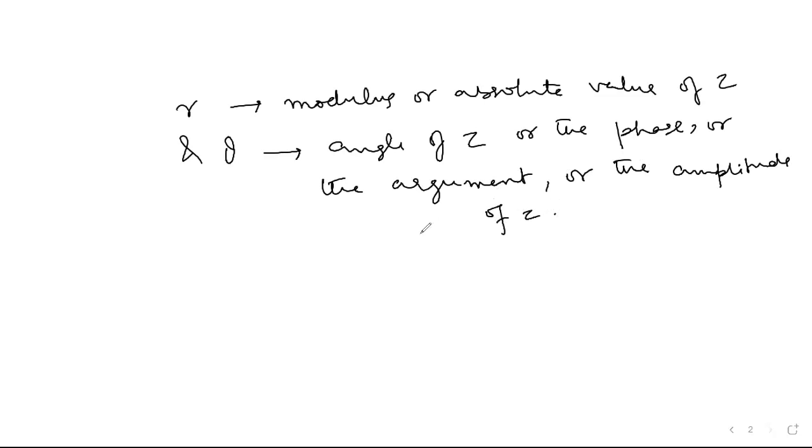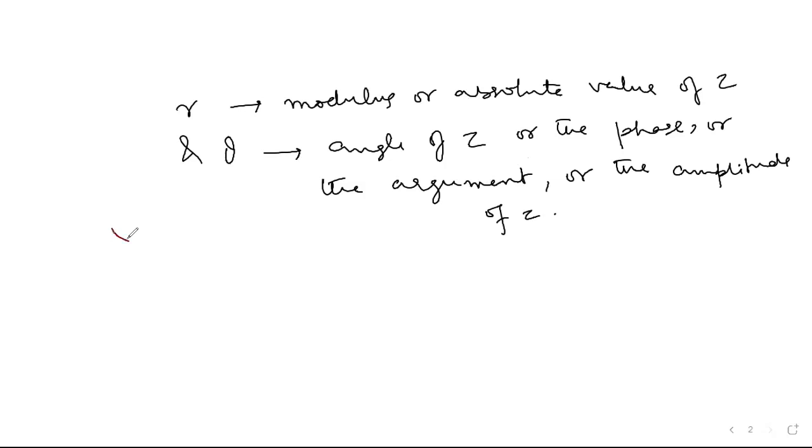This is the terminology which we use in discussing complex numbers. So r is modulus or absolute value of z, theta is angle of z or phase of z or argument of z or the amplitude of z.